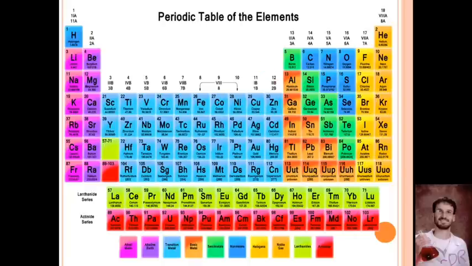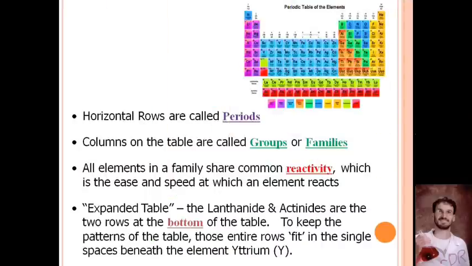Now let's see exactly why we have this weird, funky, Grand Canyon kind of thing going on with the structure of the periodic table. When we talk about the periodic table, we're going to talk about periods or rows.